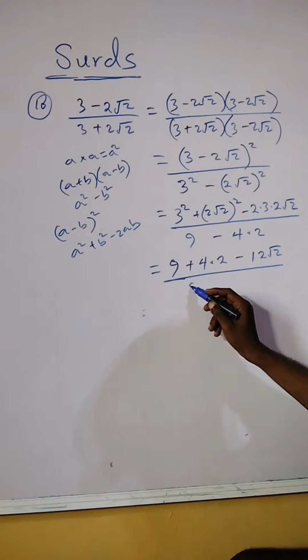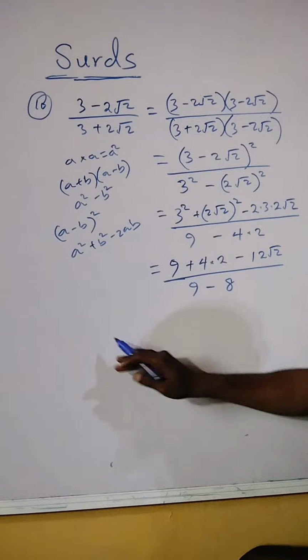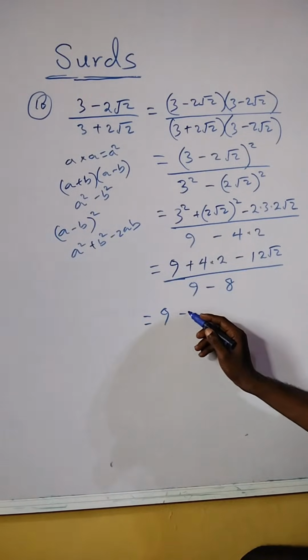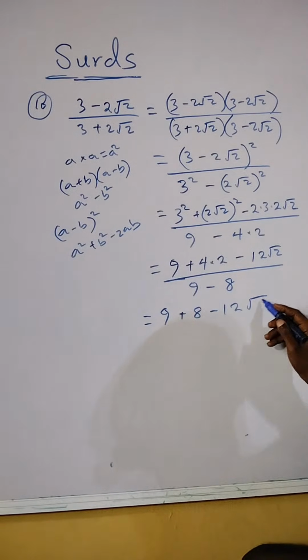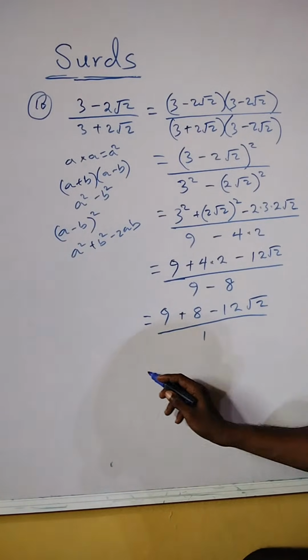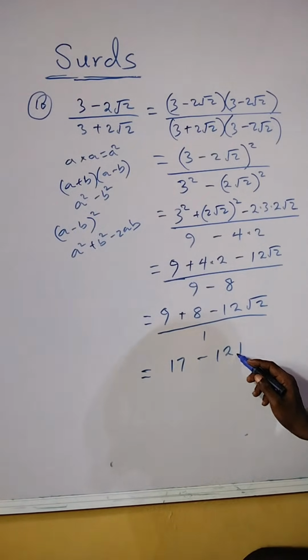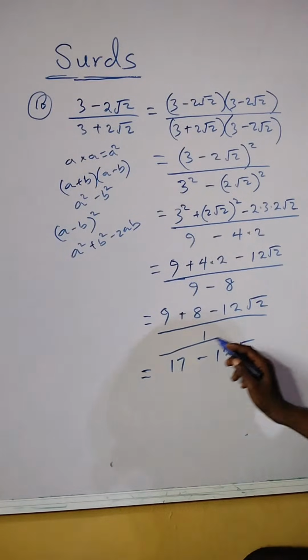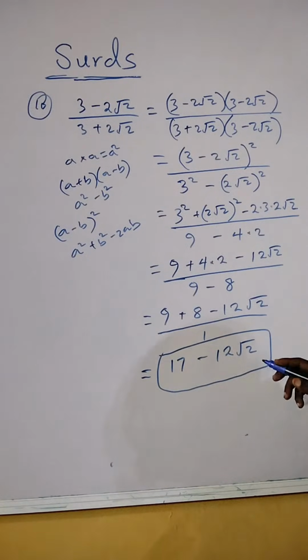Then over here we have 9 minus 4 times 2, that's 8. So this becomes 9 plus 8 minus 12 root 2 all over 9 minus 8, that's 1. This becomes 17 minus 12 root 2 over 1. We still have the same thing, 17 minus 12 root 2. So here we have this as the simplified form of the given surd problem.